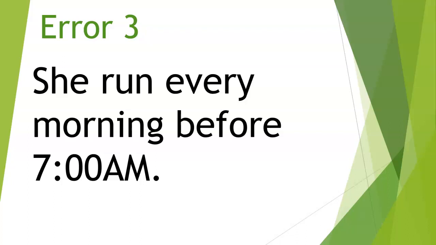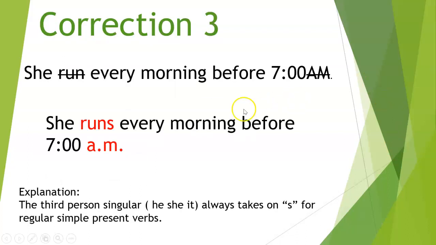2 errors. And 5, 4, 3, 2, 1, and let's take a look. Okay, number 1, she run every morning before 7 a.m. So first of all, on run, we need to have an S right here.